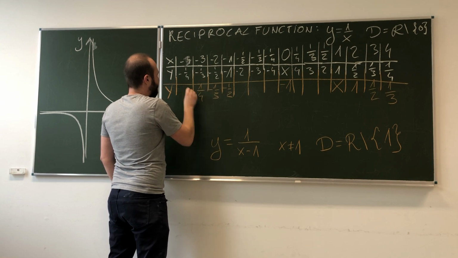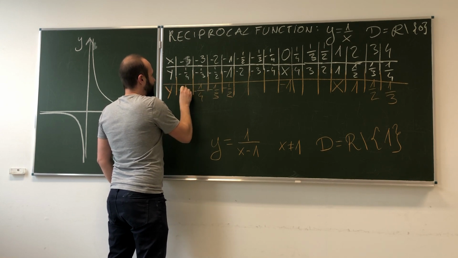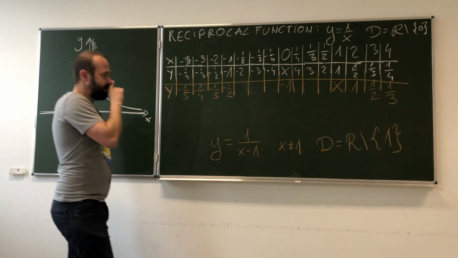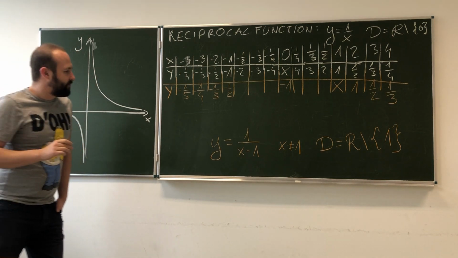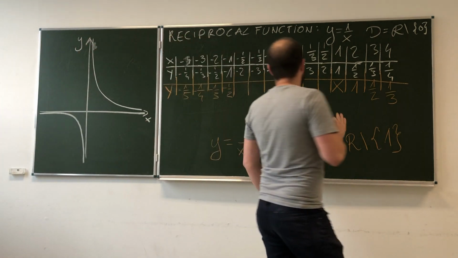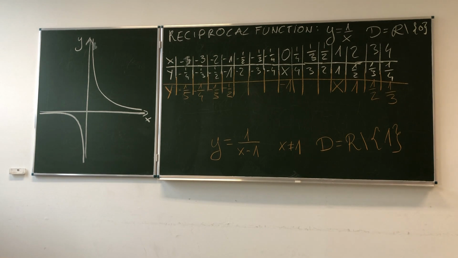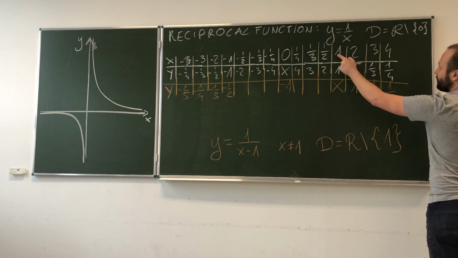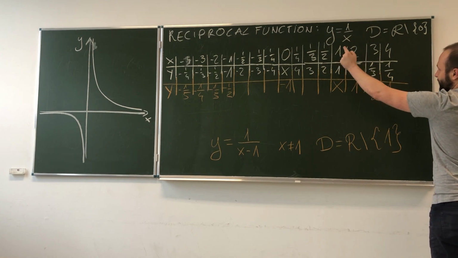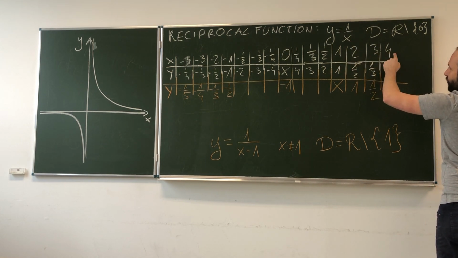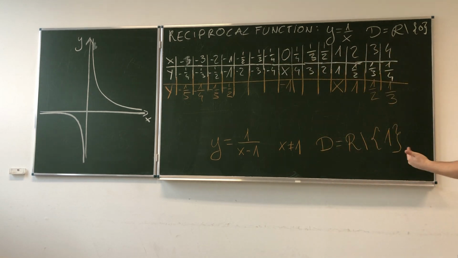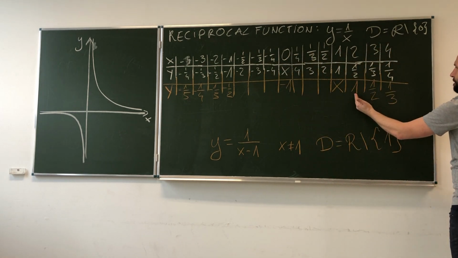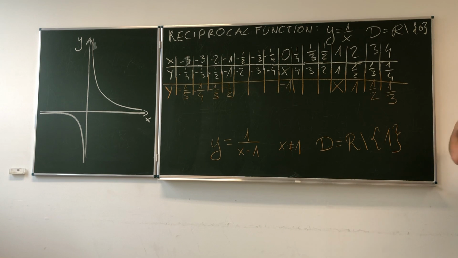Then negative 1 over 4, negative 1 over 5. And look, even at this moment, you should be able to see what has happened. Look, each value that we had on the whole numbers, 1, 2, 3, 4, 0, we clearly see that they moved one place to the right.